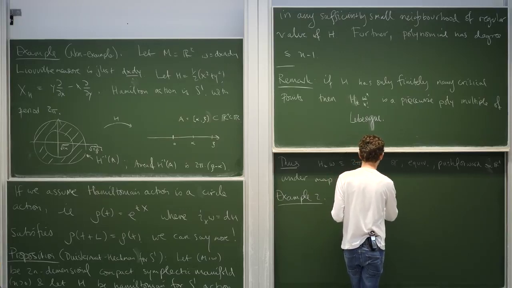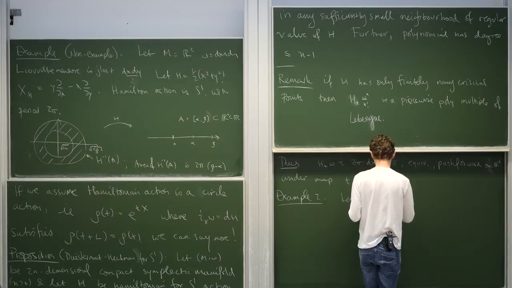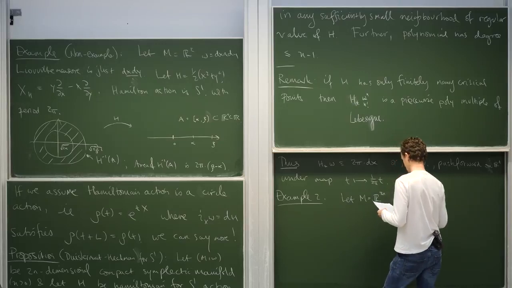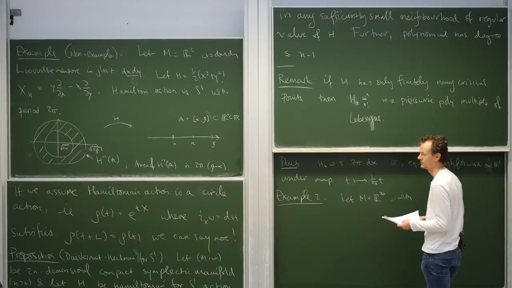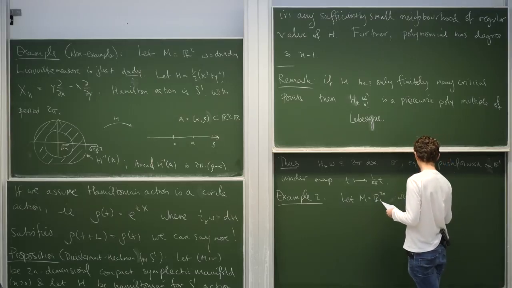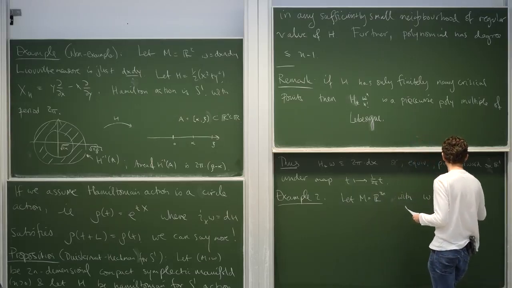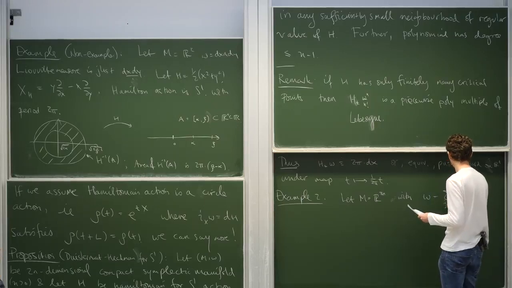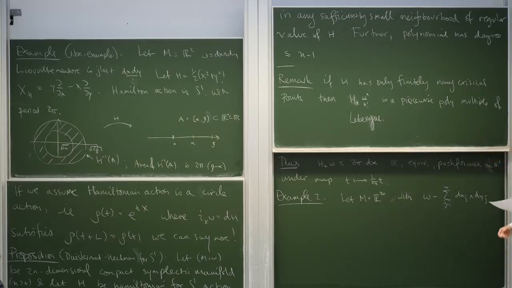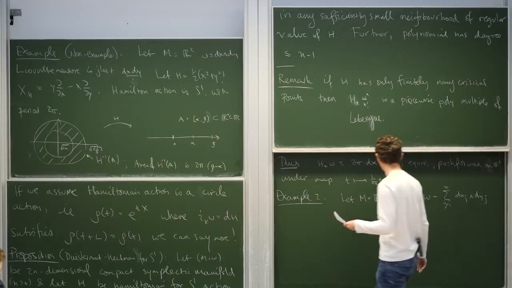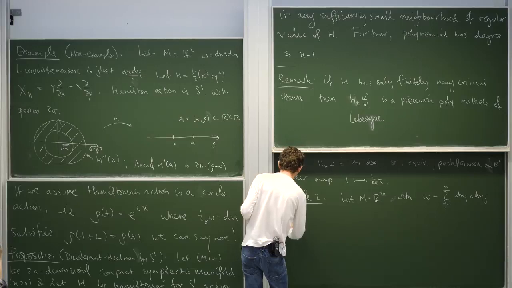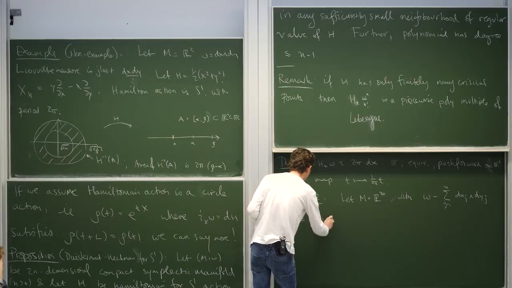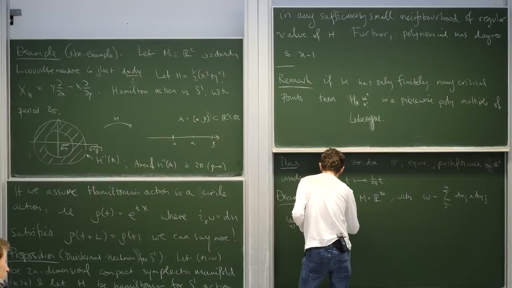So we'll do something that's not much more difficult. We'll look at R to the 2n instead of R to the 2. And we'll take our Liouville measure on this space.